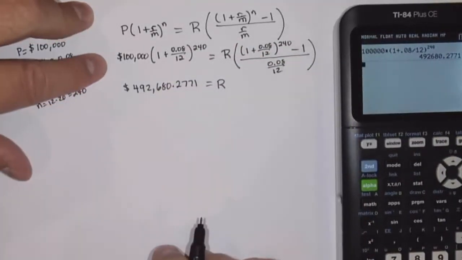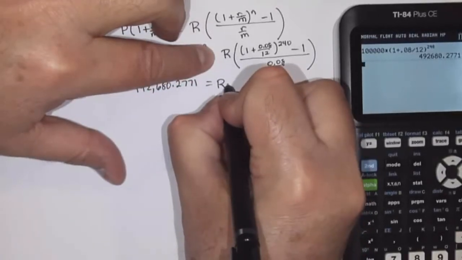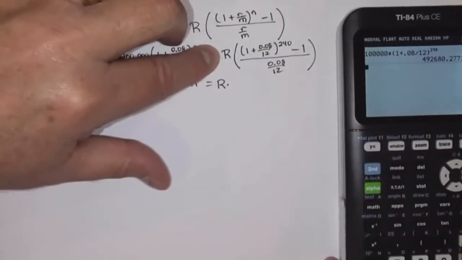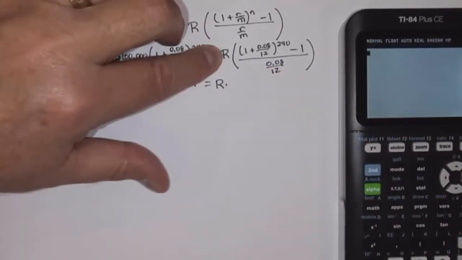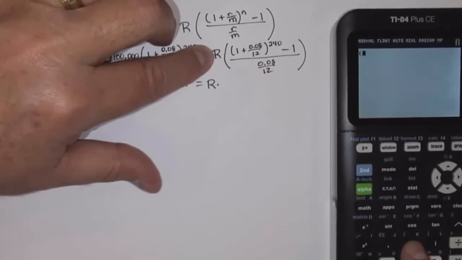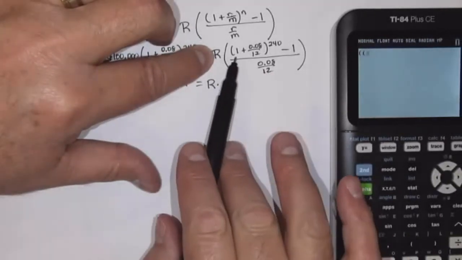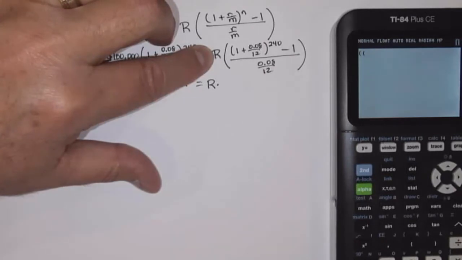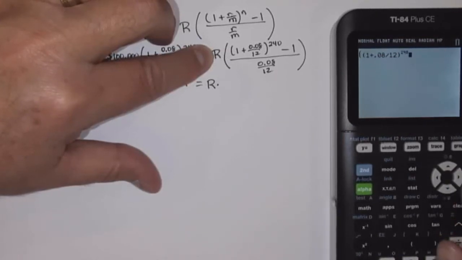The value on the right, well, it's R times this stuff in parentheses. So I'm going to do parenthesis for the numerator, parenthesis for here. So we have 1 plus 0.08 divided by 12, close parenthesis, that gets raised to the 240 power, minus 1. Close the numerator parenthesis.